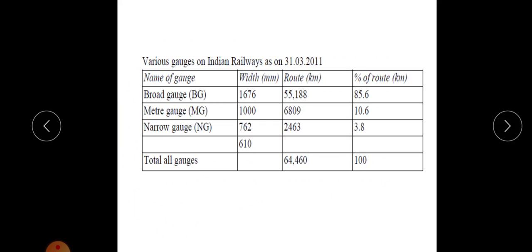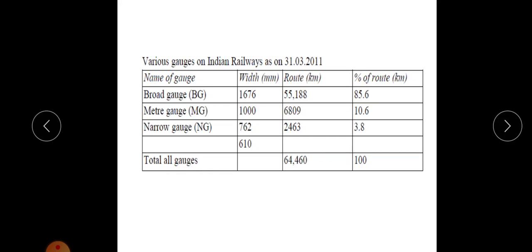The next table shows the various gauges on Indian Railways, and this data is from 2011. These types of gauges are provided in India: broad gauge, meter gauge and narrow gauge. Broad gauge means the distance between two rails is 1.676 meters, and a total of 55,188 kilometers is provided in broad gauge. That is 85% of the total railway in India.